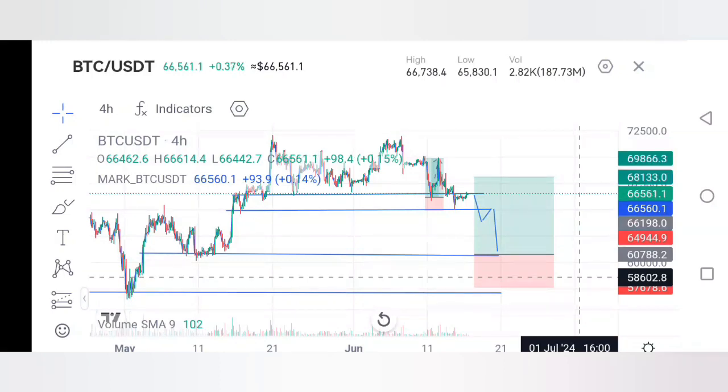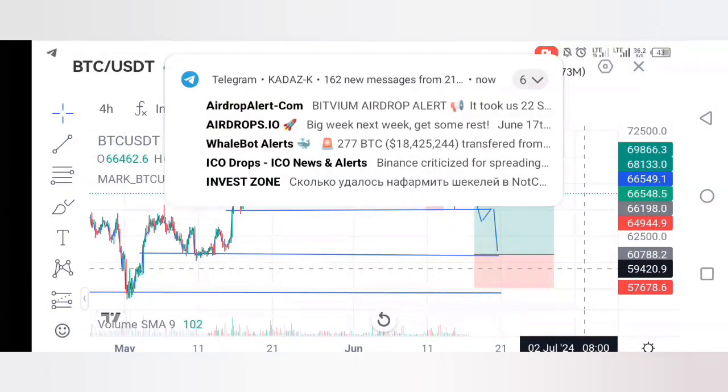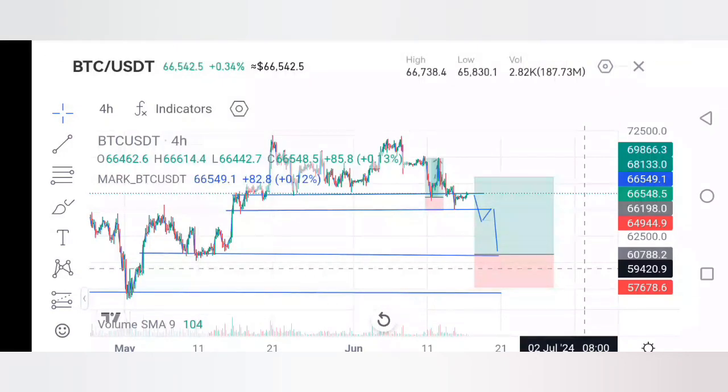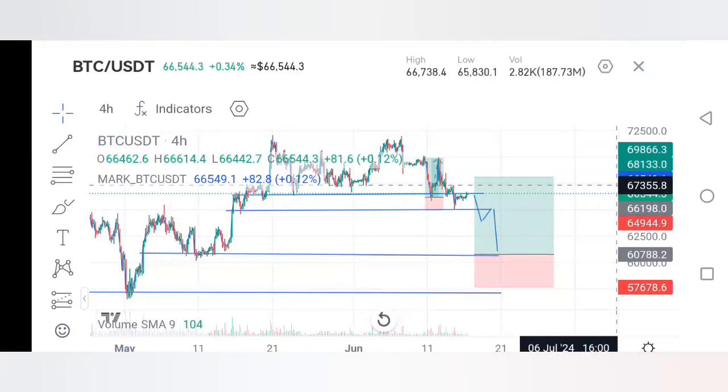My awaiting entry position is at 60,000, and then my take profit should be a bit above the current position now, which is at around 67,000 USD.